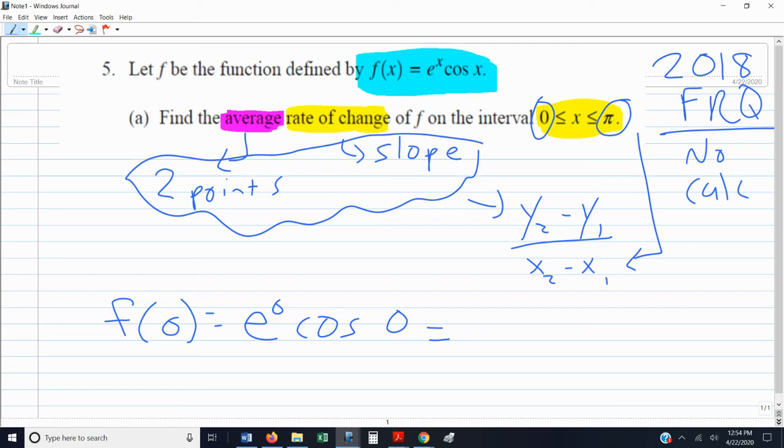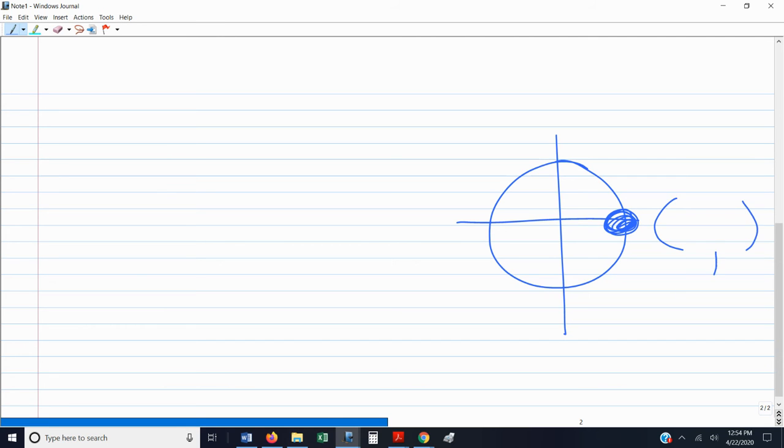E to the 0 power, what is that equal to? It's equal to 1. And then for cosine of 0, this is what my juniors are learning right now, this unit circle, 0 radians is here. What are the coordinates there? The coordinates are 1, 0, and which one is the cosine? The cosine is the first one, right?